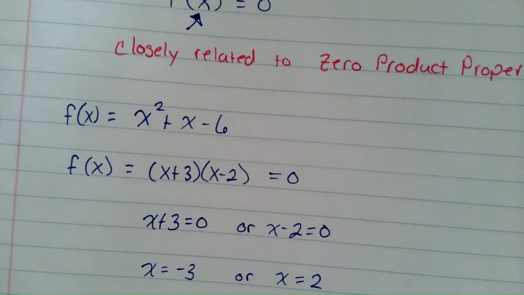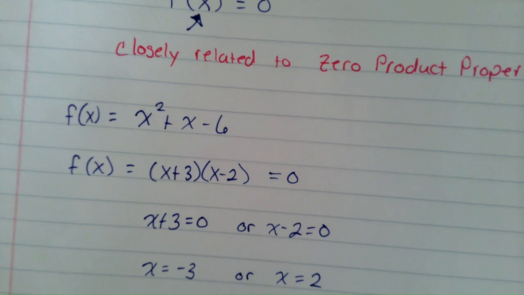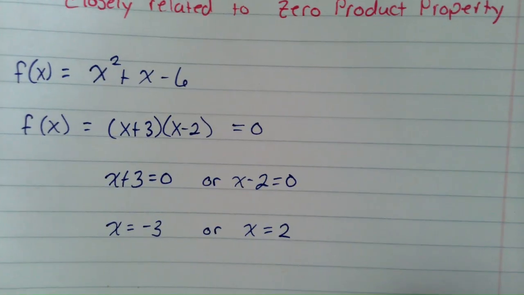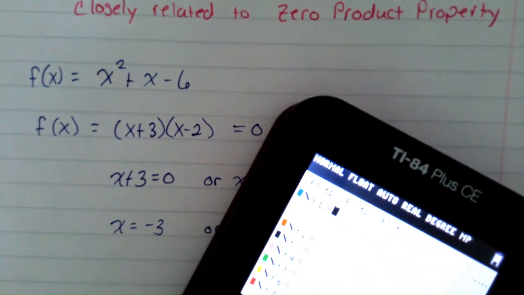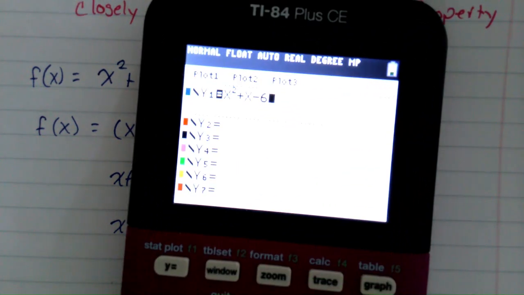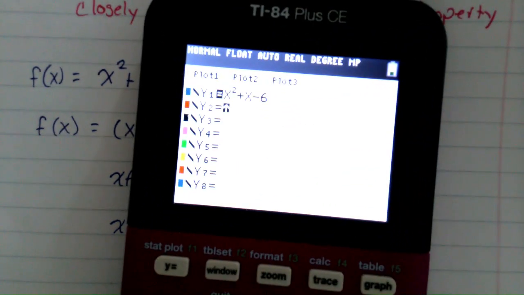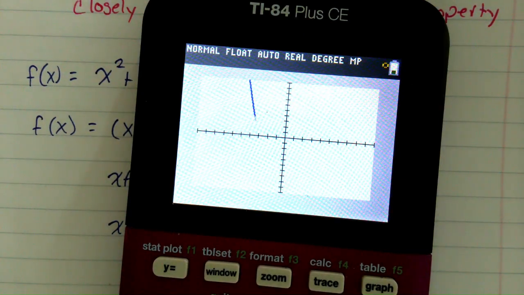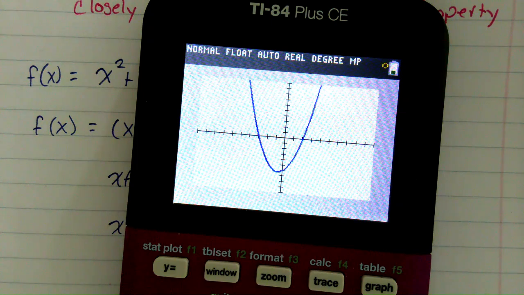Okay, how does that relate to the graph? Well, we know we have a parabola because it's an x squared term, if you've been following all my videos, or if you've been doing this in your own classrooms. x squared plus x minus 6. Let me bring that brightness down. There we go. And if I look at this graph, it is definitely crossing the x-axis at negative 3, and it's definitely crossing the x-axis at positive 2.